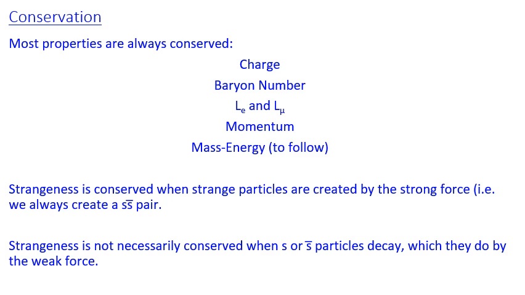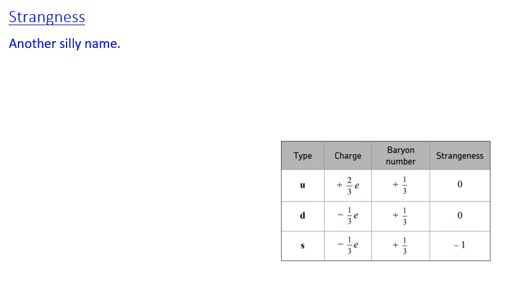And this decay occurs by the weak force. So we've got strange particles created by the strong force in pairs, which means the strangeness is conserved. Strange particles decaying on their own by the weak force, meaning strangeness is not necessarily conserved.